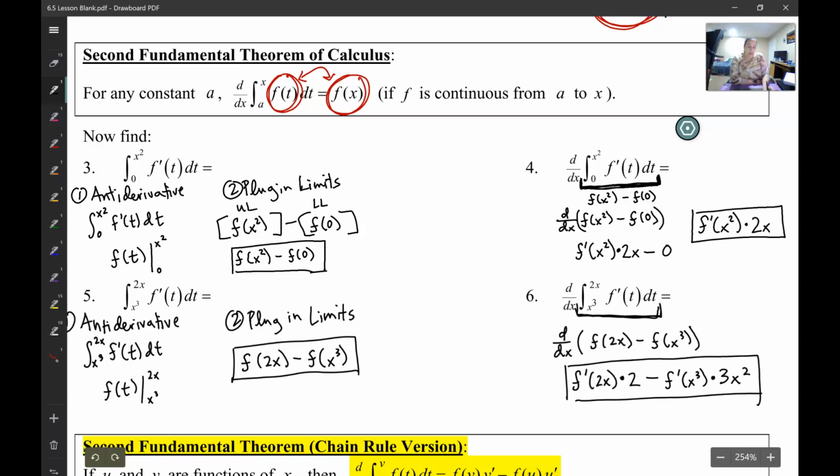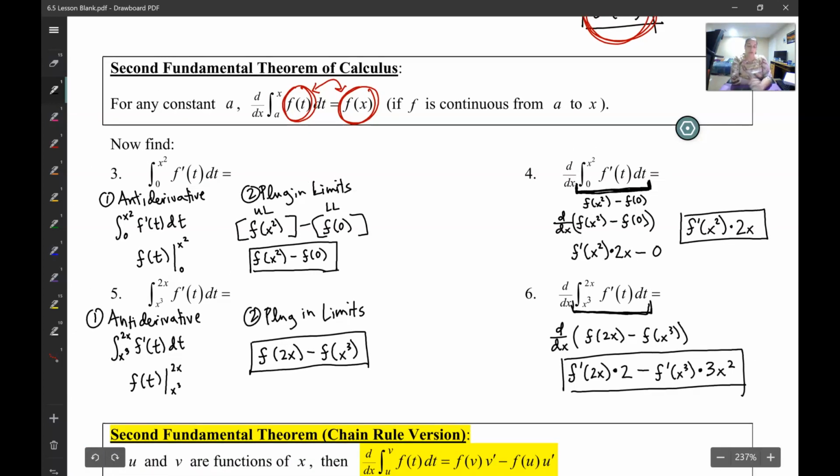Now, let's talk about this. Can you see what we're doing? Let's take a second to compare this with my final answer, this. Notice first off, the expression inside hasn't changed. We went from f prime to f prime.